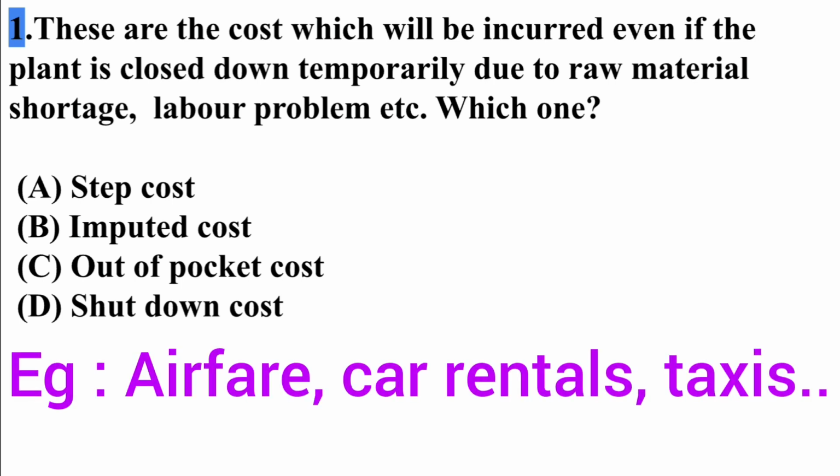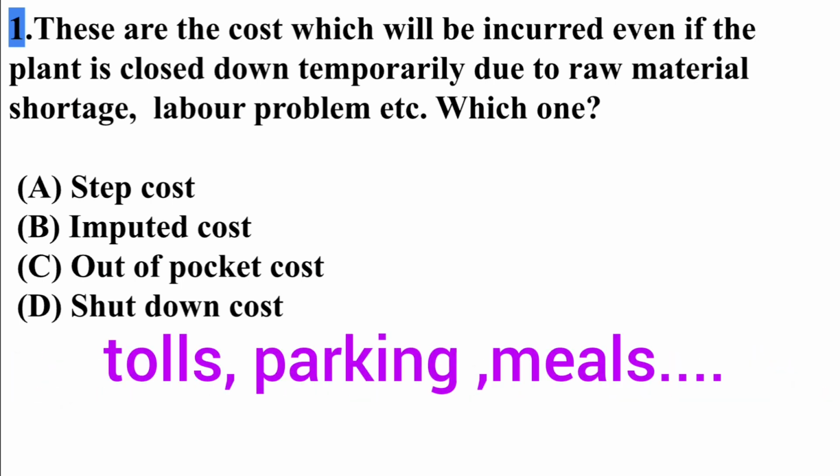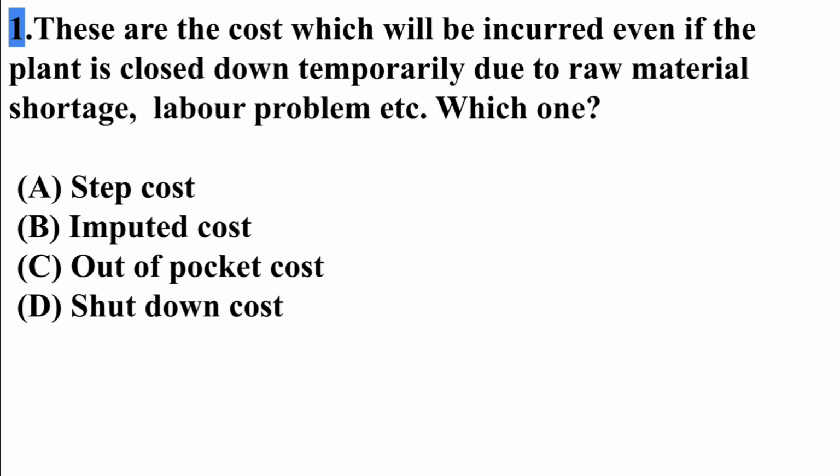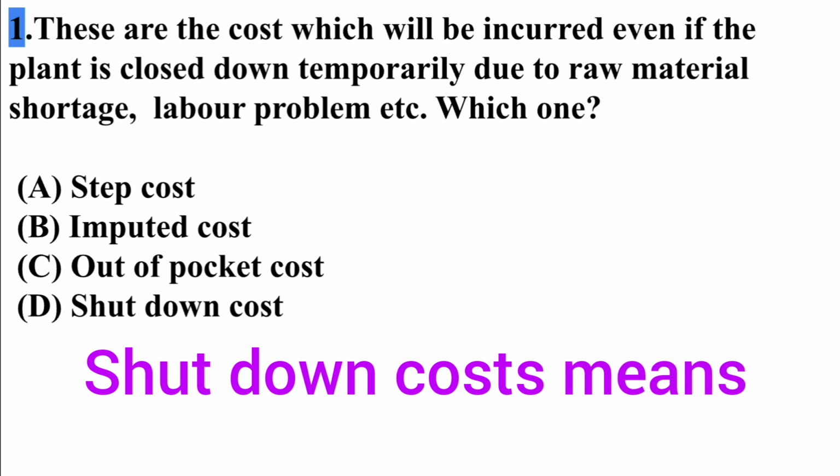For example, airfare, car rentals, taxis, tolls, parking fees, meals, etc. And in health insurance, these expenses are your share of medical costs you incur, or a policyholder's non-reimbursable share of medical expenses. That means you need to incur these costs at the present moment, and they will not be reimbursable by the policyholders. And the last one is shutdown costs.